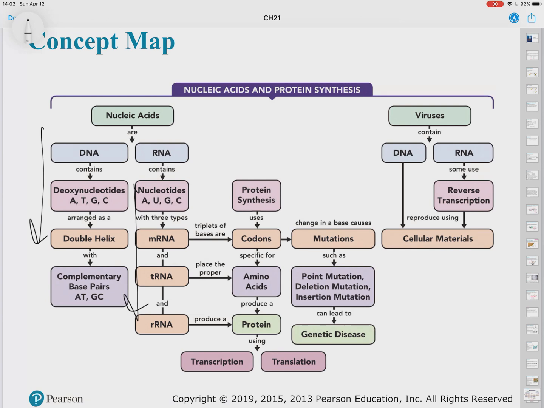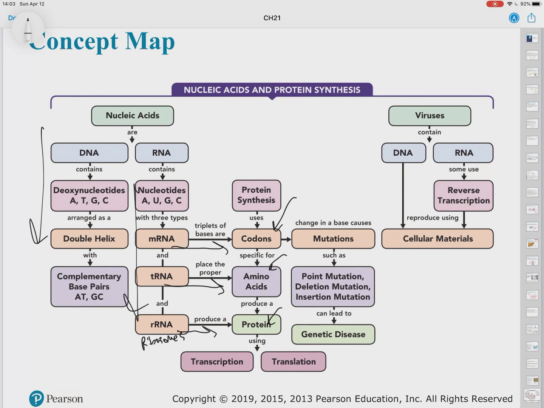In terms of mRNA, we know that that goes into protein synthesis. tRNA is required for amino acids, and rRNA, ribosomes essentially, that's what that is. That's required for actually making proteins. All three are together, right? mRNA has the information in it, tRNA comes with the amino acids, and the ribosome is the site of translation.